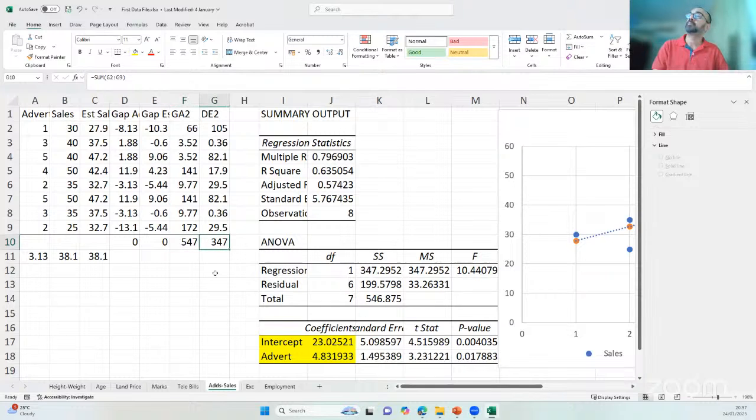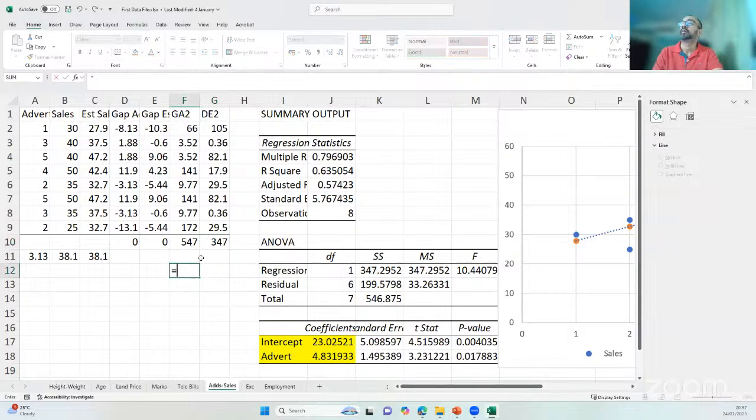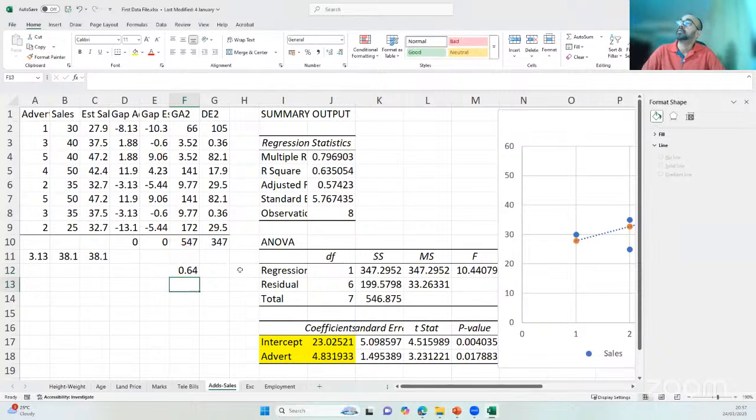This is the summation of the estimated values gap. Okay. So if I divide this estimated value gap by the actual values gap, I get 0.64.